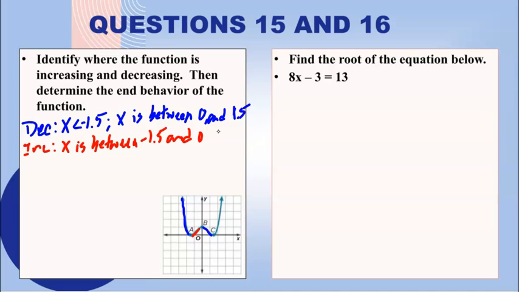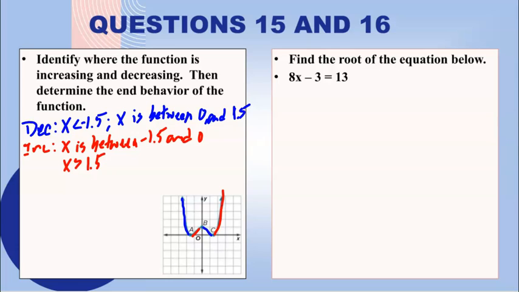Or you could say between A and B it's increasing. And then it's also increasing when x is greater than 1.5. Or you can say it's increasing when x is greater than C.